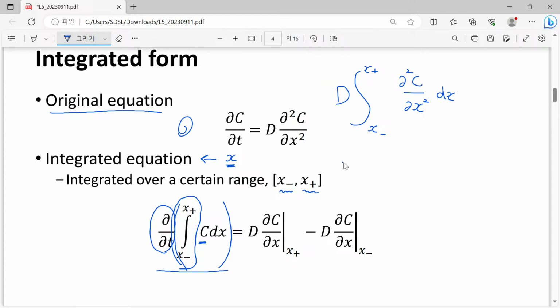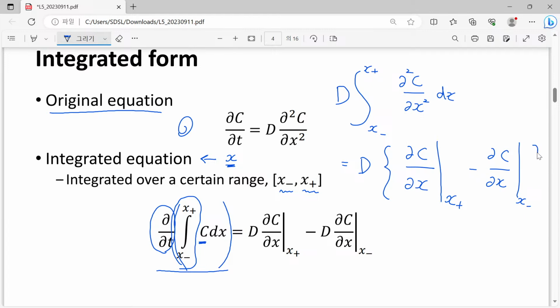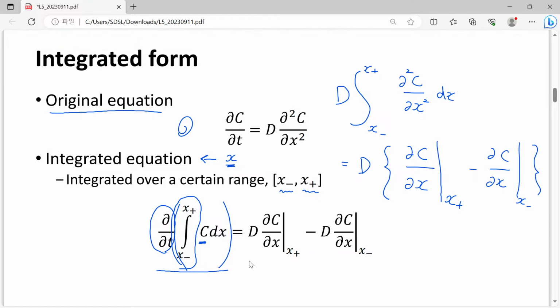Then the remaining thing is amazingly simple. Just round C over round X, the first derivative with respect to X, evaluated at X positive, the upper bound, minus round C over round X evaluated at the lower bound. That is my explanation. So now you have exactly the same thing here.